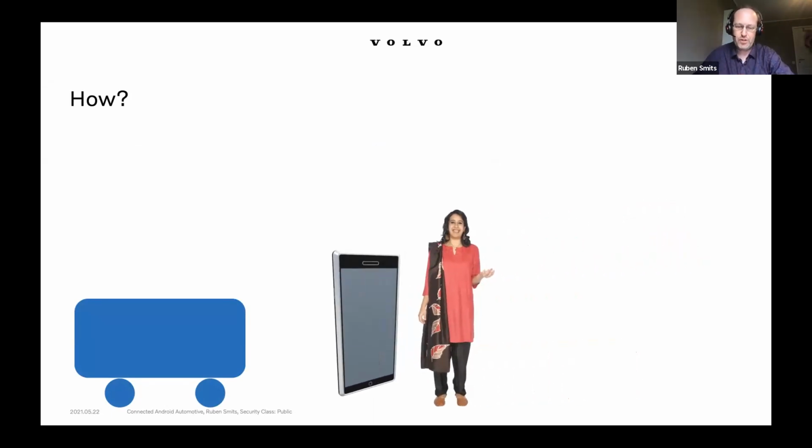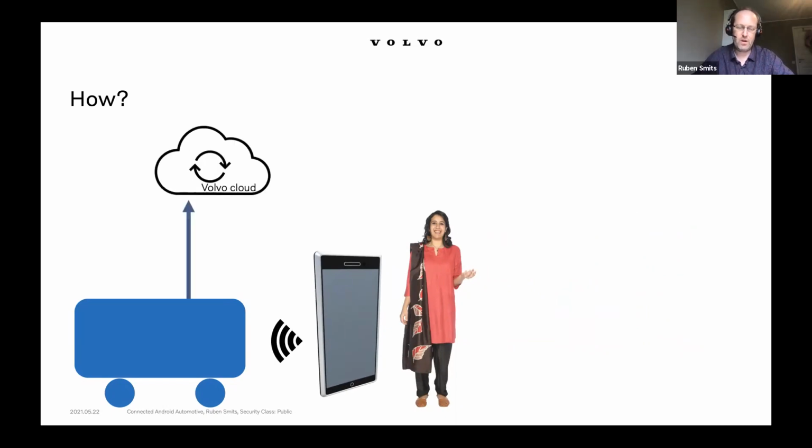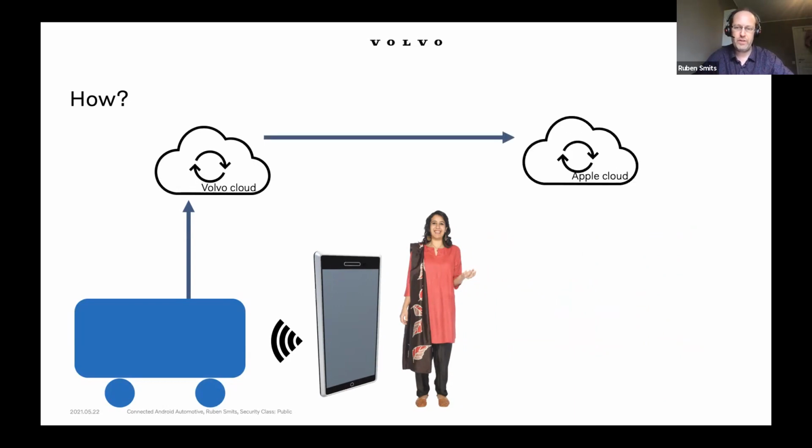The person is approaching the car. Then the car detects that the phone is approaching. So in this situation, the car sends this information to the cloud. Hey, Volvo Cloud, I noticed that this specific phone is approaching. What should I do? Then the Volvo Cloud communicates with the cloud from the phone supplier to get the actual approval.